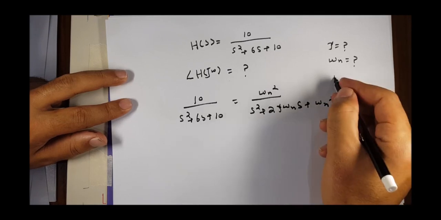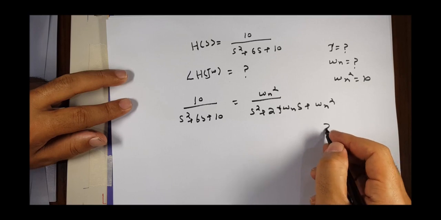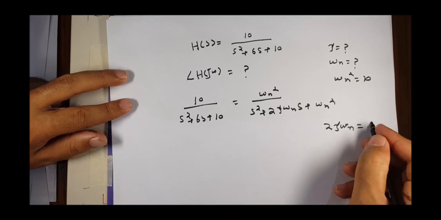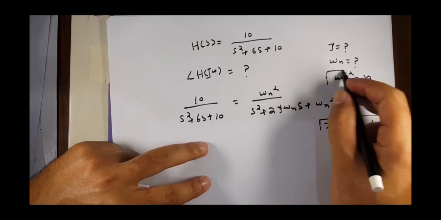So clearly we can see that omega n square in this case is 10, and 2 zeta omega n is equal to 6.